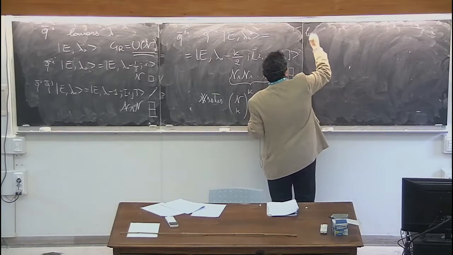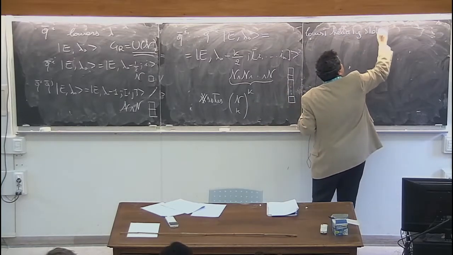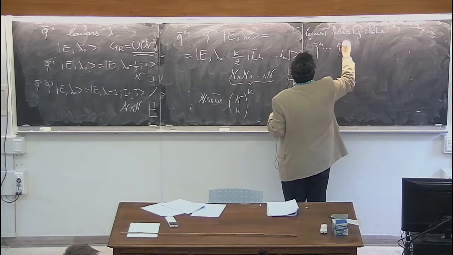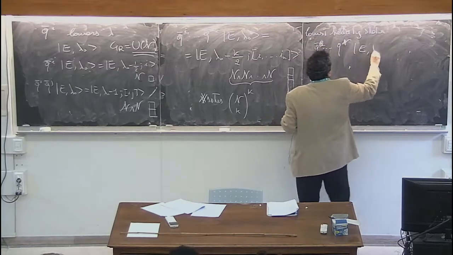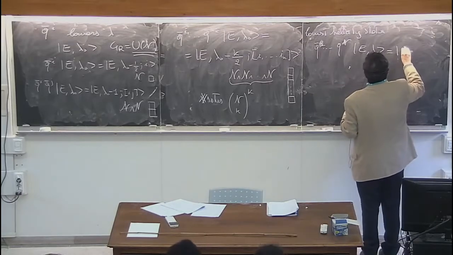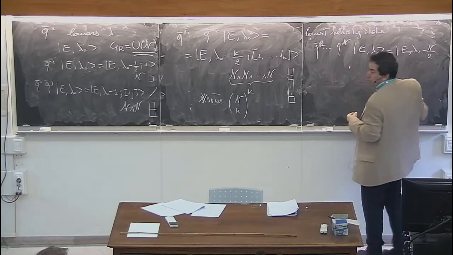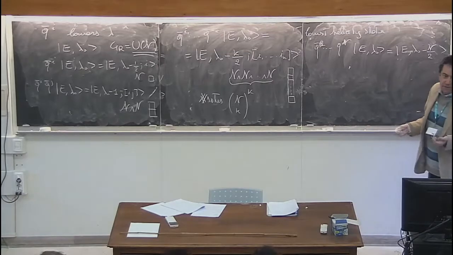So the lowest helicity state is Q bar i1 to Q bar in, or if you want Q bar 1 to Q bar n, E lambda naught, and that is equal to E lambda naught minus n half, times a singlet, because here I would get an antisymmetric combination of n indices, which is a singlet with respect to Un.